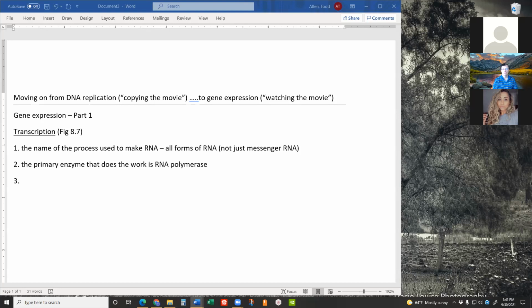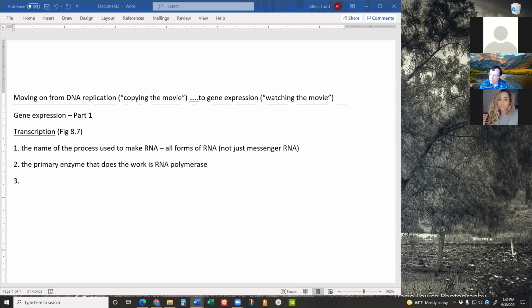During DNA replication, what is the name of the enzyme that unzips the DNA? Okay, thank you, folks. It's helicase. Well, guess what? During transcription, we have to unzip the DNA too, right?